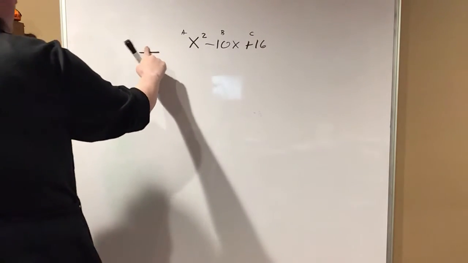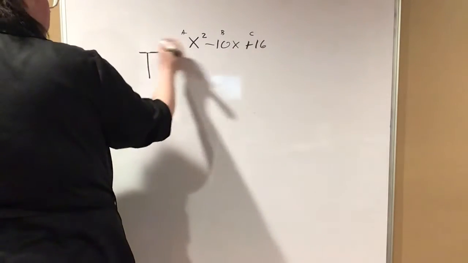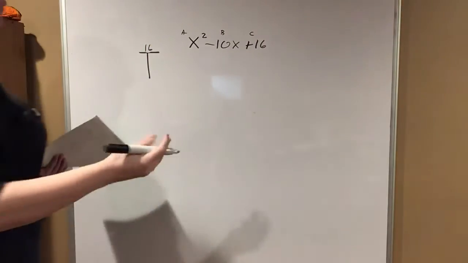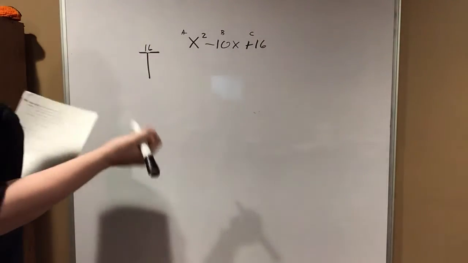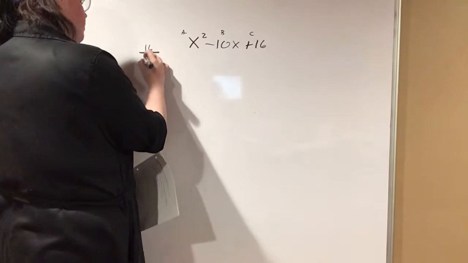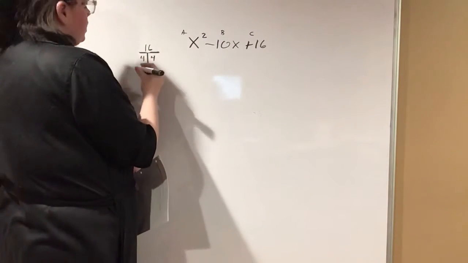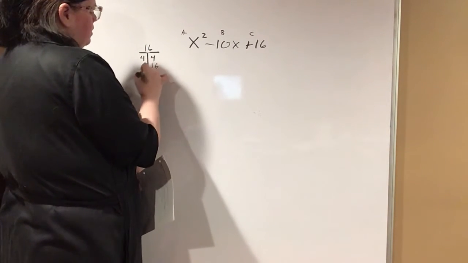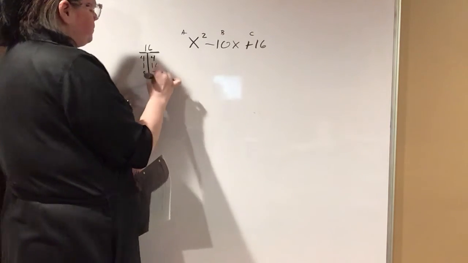So I know I have a 16, because 1 times 16 is 16. Well, what are the factors of 16? The factors of 16 are 4 and 4, and 1 and 16, and 8 and 2.